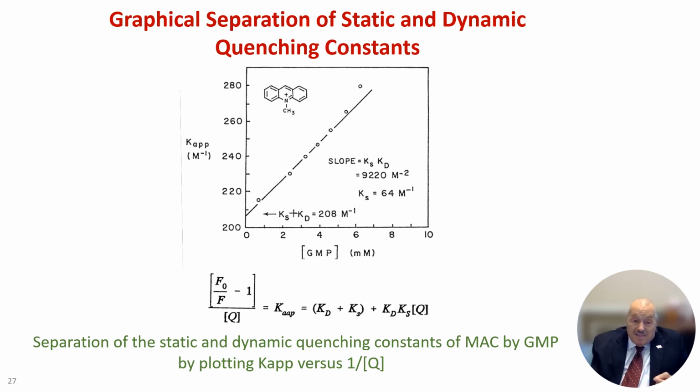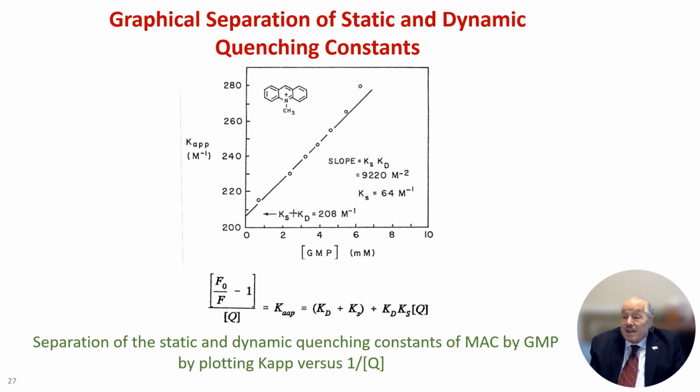So we plot the apparent quenching constant versus the quencher concentration, and we get a slope that equals the product of the two, and we get an intercept which equals the sum of the two, and obviously with these two you can separate the dynamic and the static quenching components for this particular case.